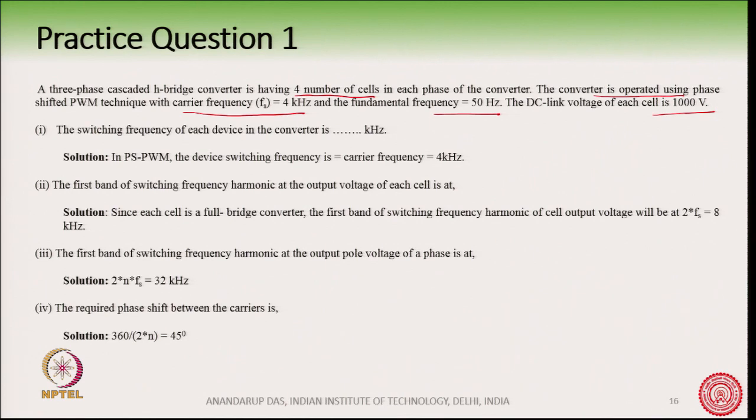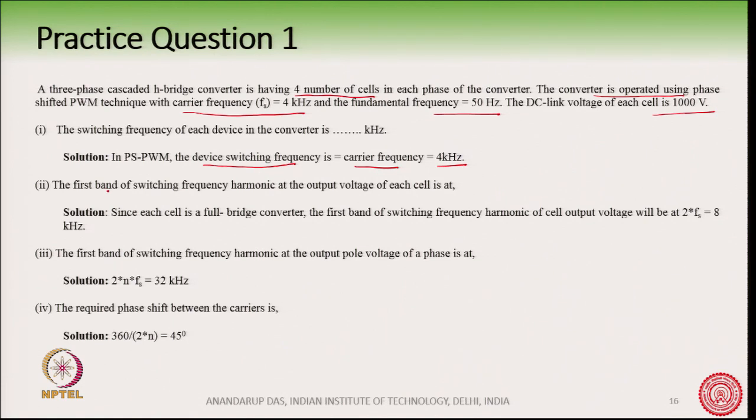As we have covered in the theory, the device switching frequency is the same as the carrier frequency. Inside the cell, the carrier frequency is equal to the device switching frequency. So, if the carrier frequency is 4 kilohertz, then the device switching frequency is 4 kilohertz.